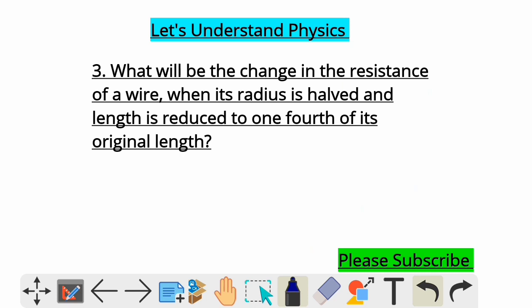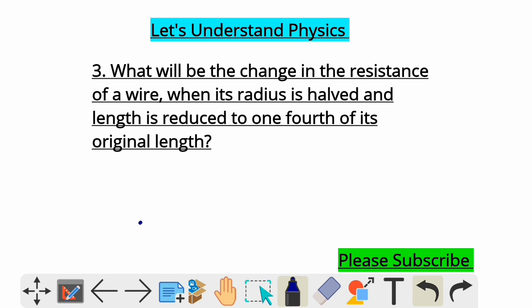Now, same type of question, but here you have to compare for the same wire with the change in the dimensions. In the previous question, you compared the resistivities of two wires, but here we have only one wire, but the dimensions have been changed.